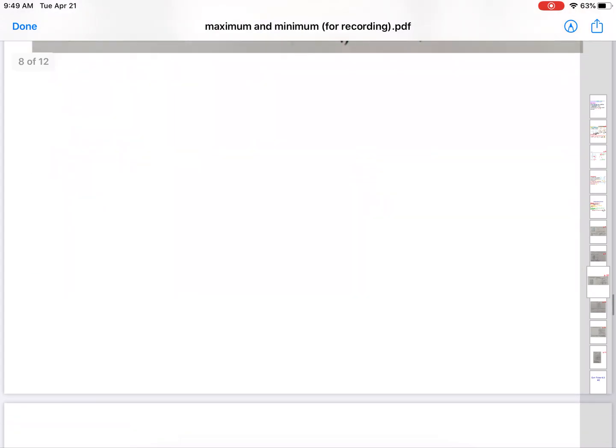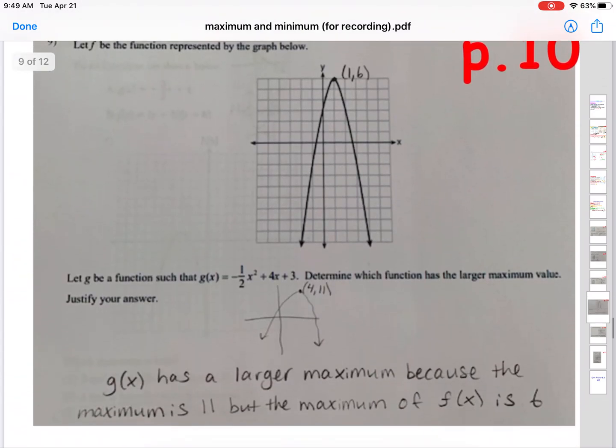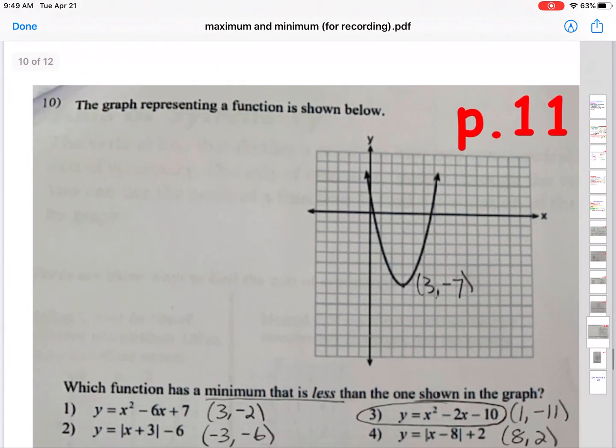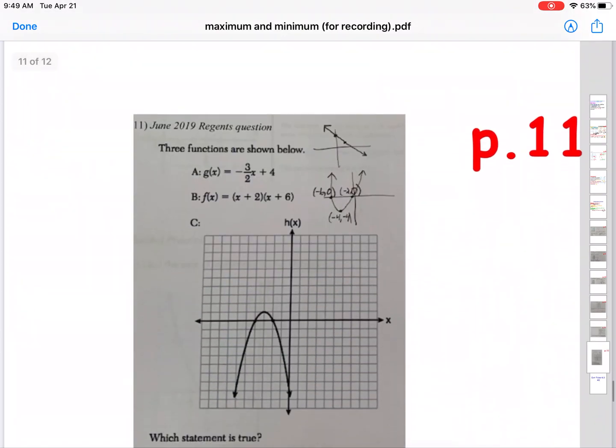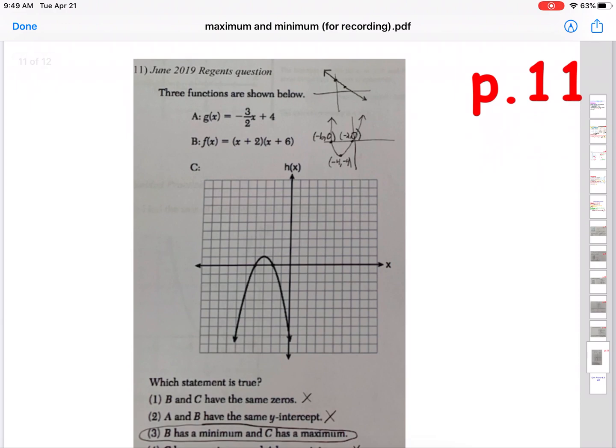Here is number 9 on page 10. Moving on to page 11, here's question number 10. And moving to the bottom of page 11, here's question number 11.